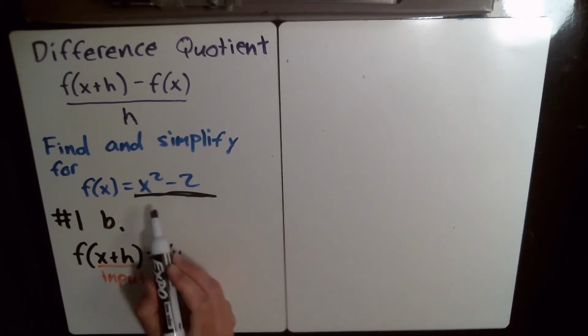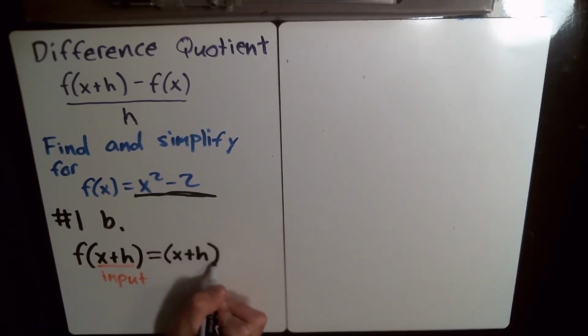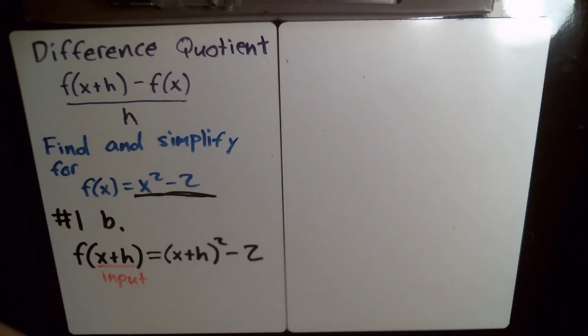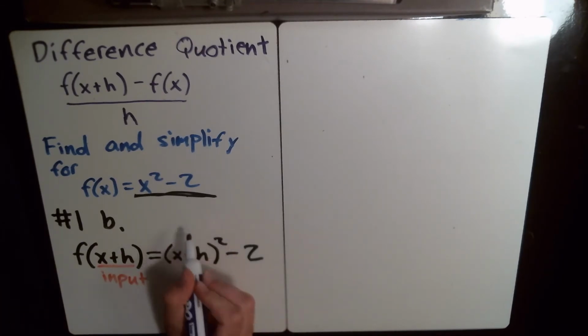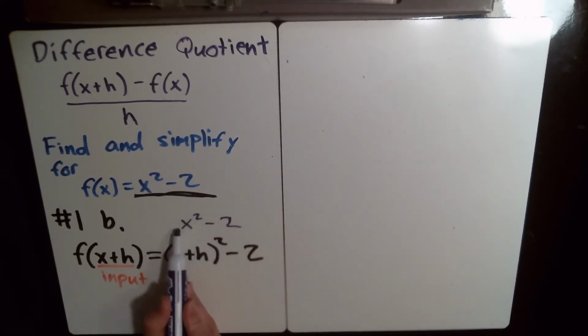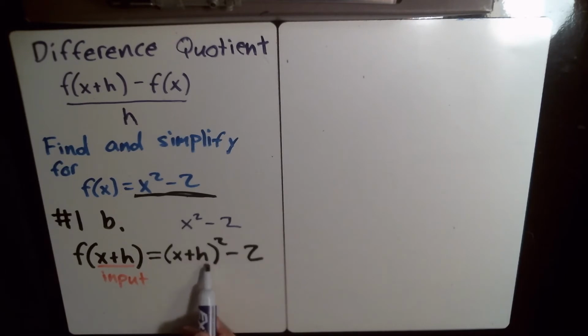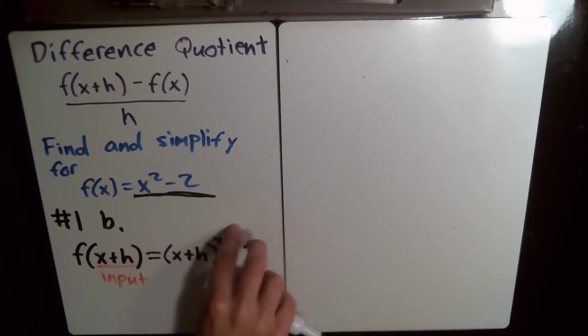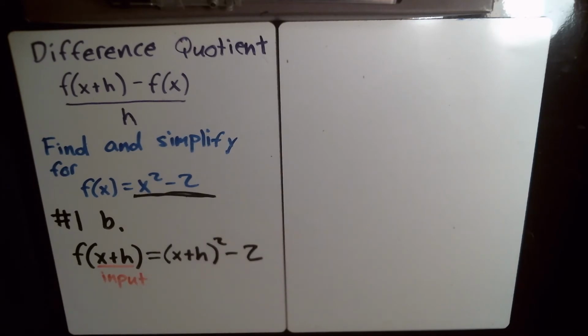So I get x plus h squared minus 2, okay? So what did I do? We're using our function x squared minus 2. It's just we've replaced x with x plus h, right? That's what we're doing here, okay? So that's f of x plus h.